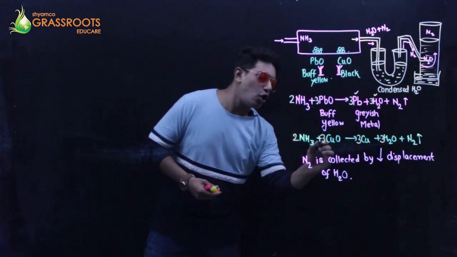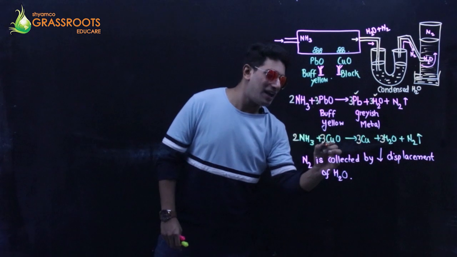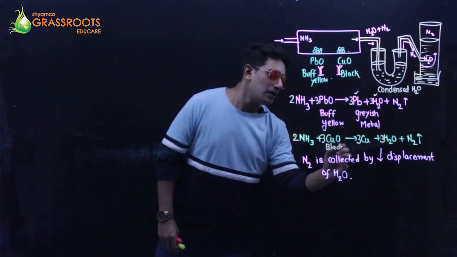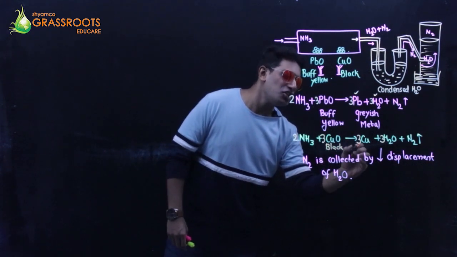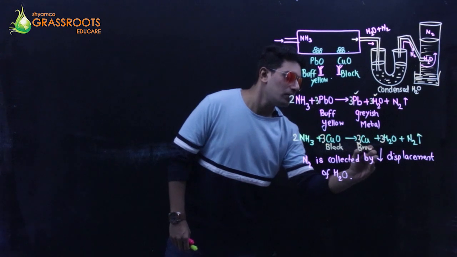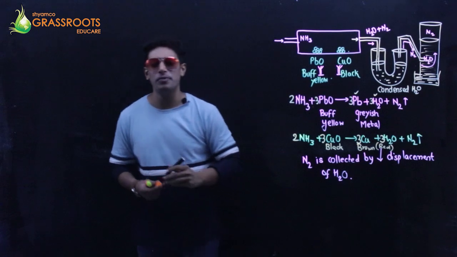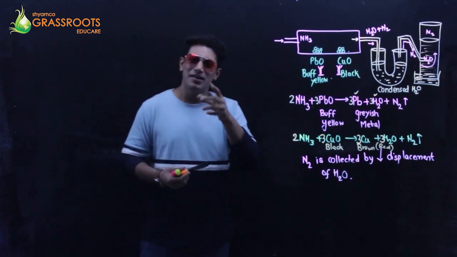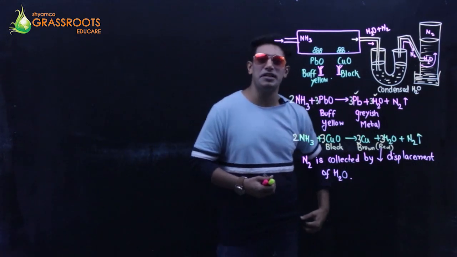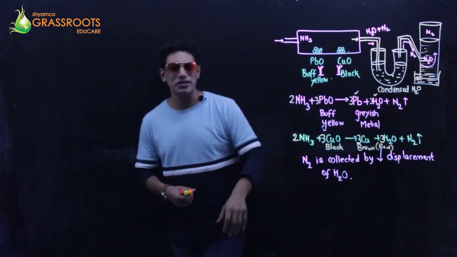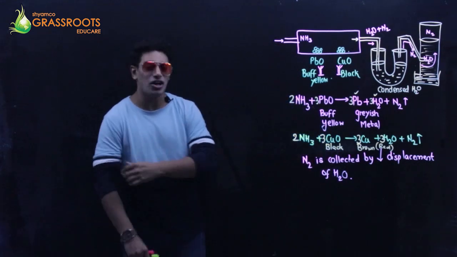And the color change, of course. The copper oxide is black in color, and copper is reddish brown or brownish red. Sometimes copper is also pinkish brown. It also depends upon the impurity and purity of copper, but let's not enter into that. So these are the color changes.